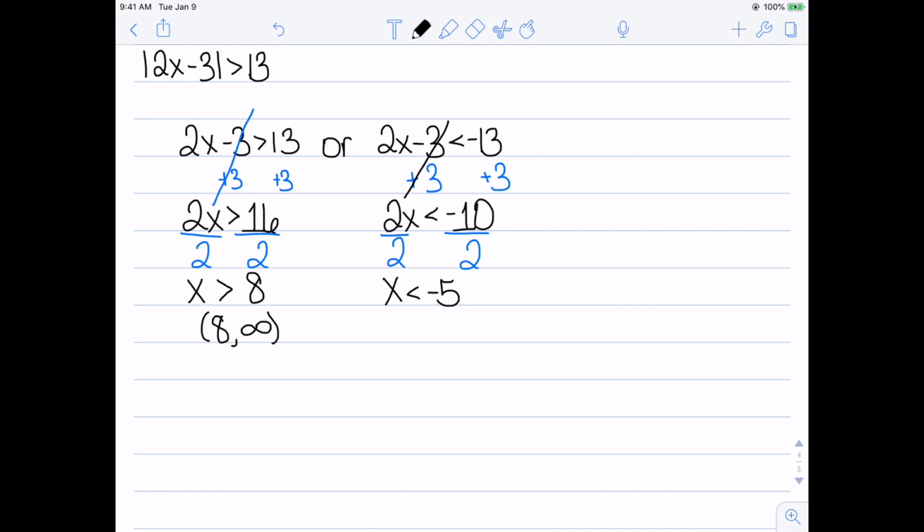X is greater than 8 tells me I want numbers bigger than 8, so 8 to infinity. And x less than negative 5 means I need smaller numbers, so negative infinity to negative 5. And once again, when we want to combine two of them with the or, we put this symbol for a union that looks like a U. So that just tells us it needs to be in one or the other.